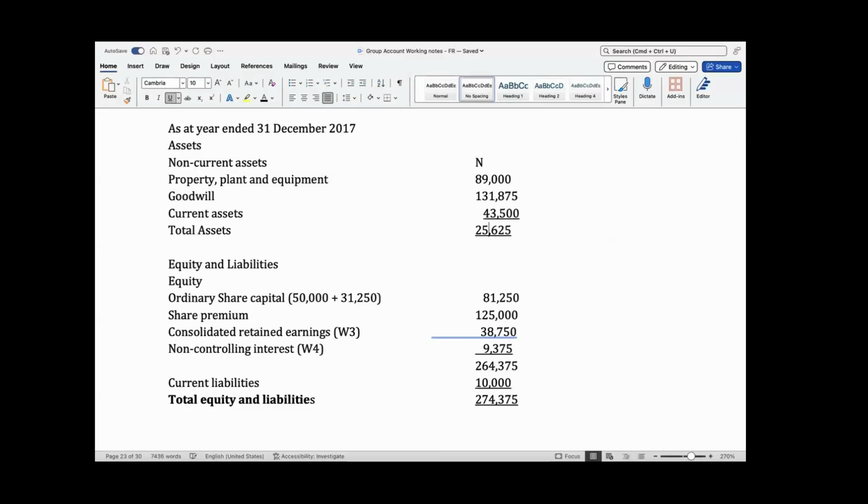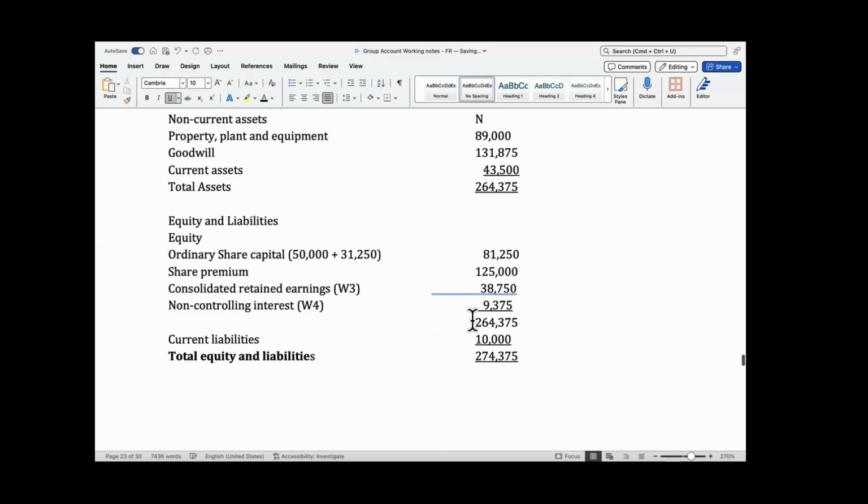Yes, 264,375, sir. But how about the equity and liabilities? This one is 254,375. Yes, but that one is all wrong. Alright, thank you.